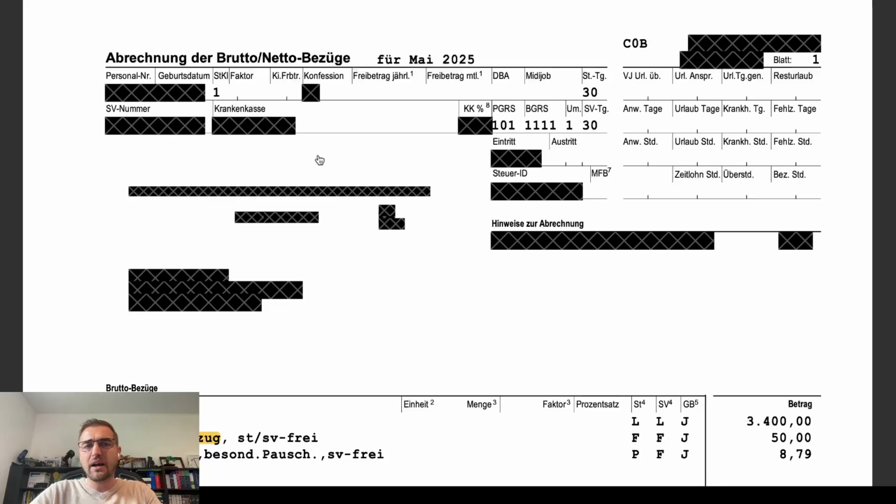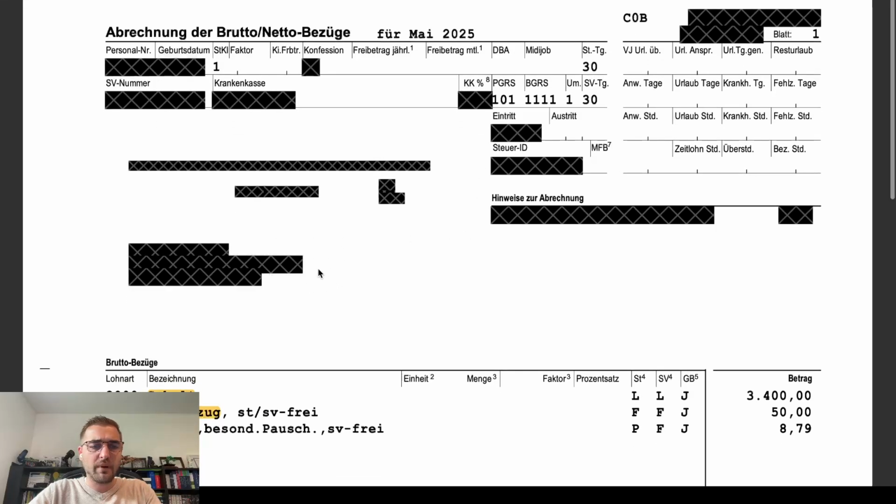Then we have some other information, like for example when the employee started for the business, then the tax ID, and then the other information about where he lives and what he or she is doing.